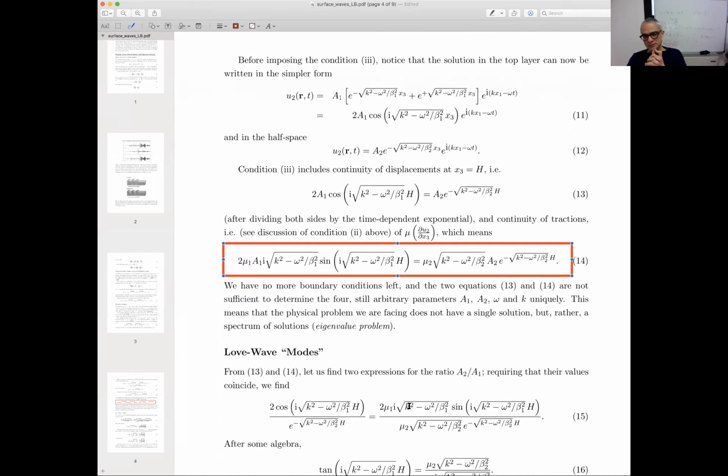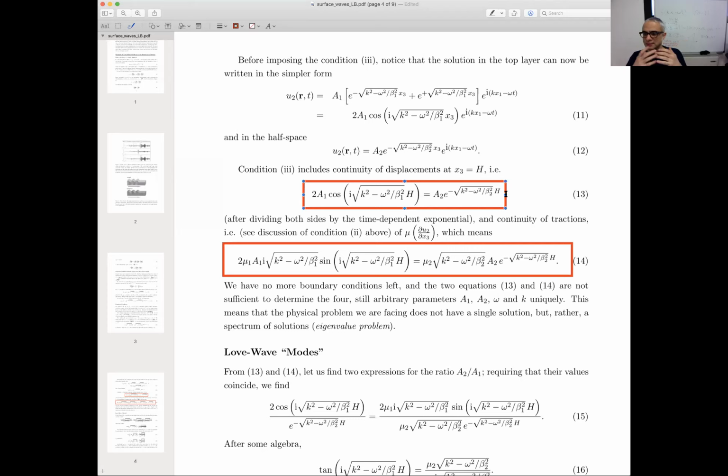is a condition. You have two conditions, two algebraic equations that you can use to identify values of the so far free parameters that can satisfy our conditions. So A1 and A2, like I said, for sure, but also omega and k.